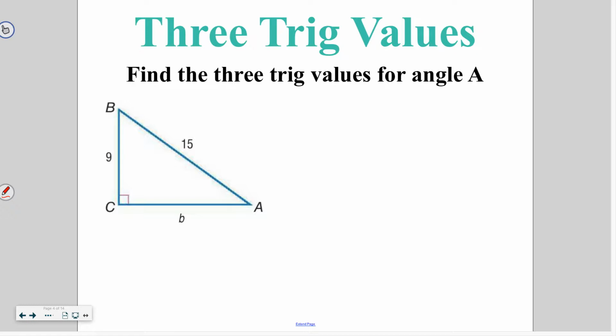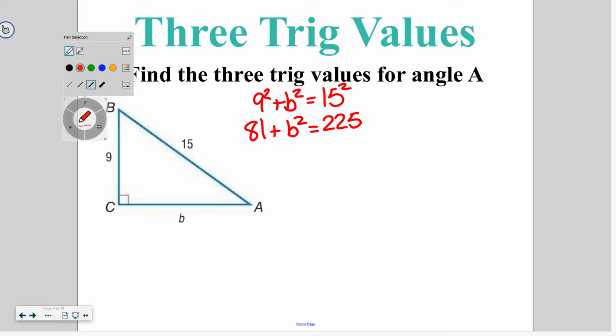So we're going to find the three trig values for angle A. In order to do this, the first thing we need to know is how long that last side is. This is where the Pythagorean theorem comes in handy. So I'm going to say 9 squared plus b squared is equal to 15 squared. 9 squared is 81. b squared stays put. 15 squared is 225.